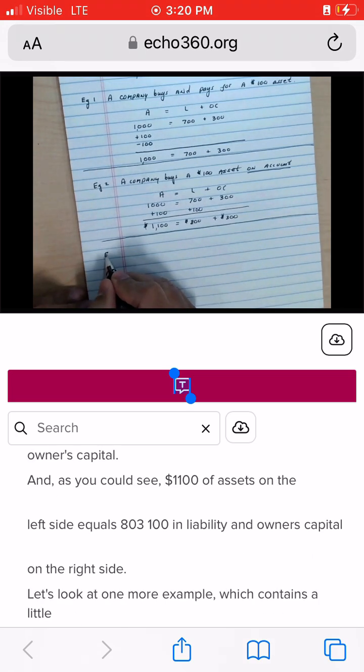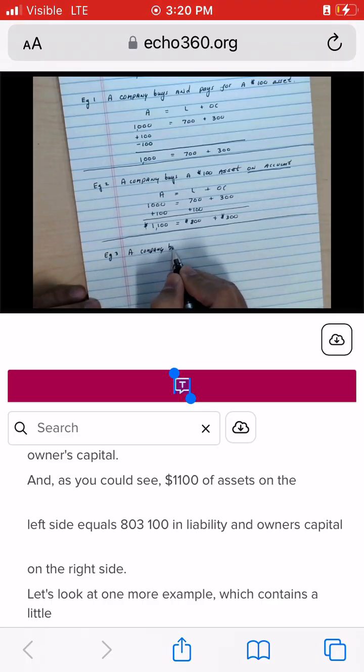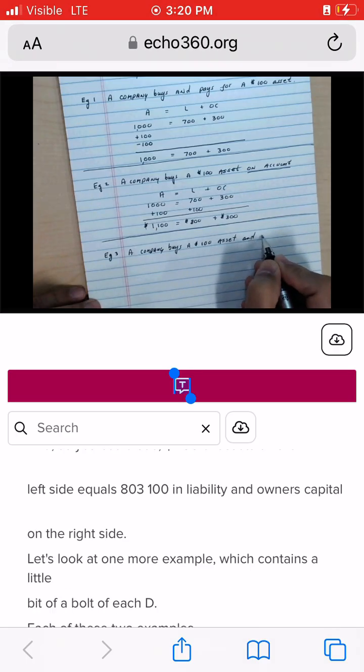In example number 3, a company buys a $100 asset and pays $25 down.